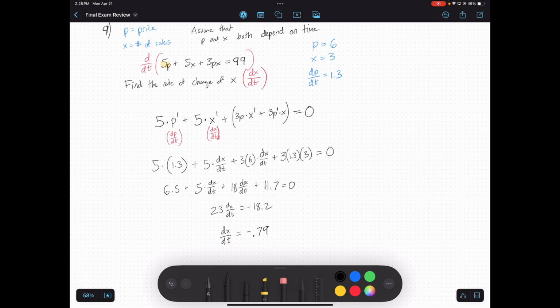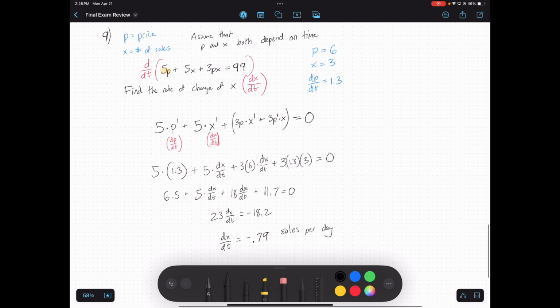But what are we talking about with x? Sales. So this is sales, and since this is a derivative, it's a rate. This is sales per, and this last part depends on what time value we're working with. We can say day, or maybe it's in terms of months. It might specify in the problem what the t value is, but it's sales per whatever the time value is. Sales per day. Cool. Okay.